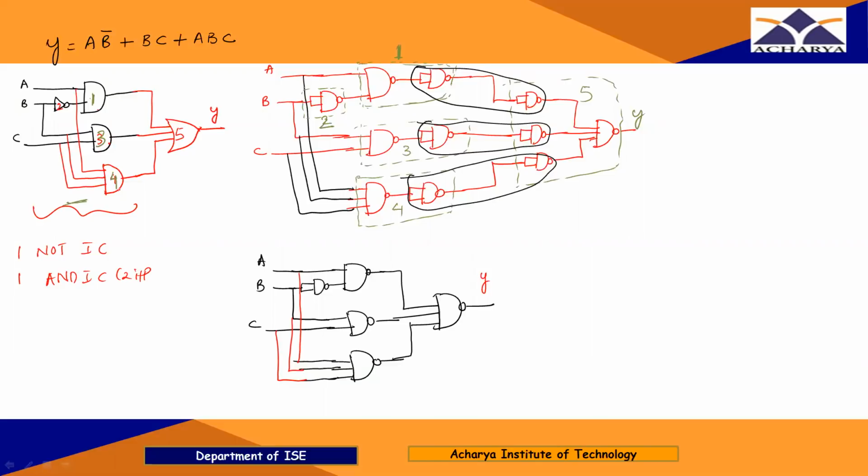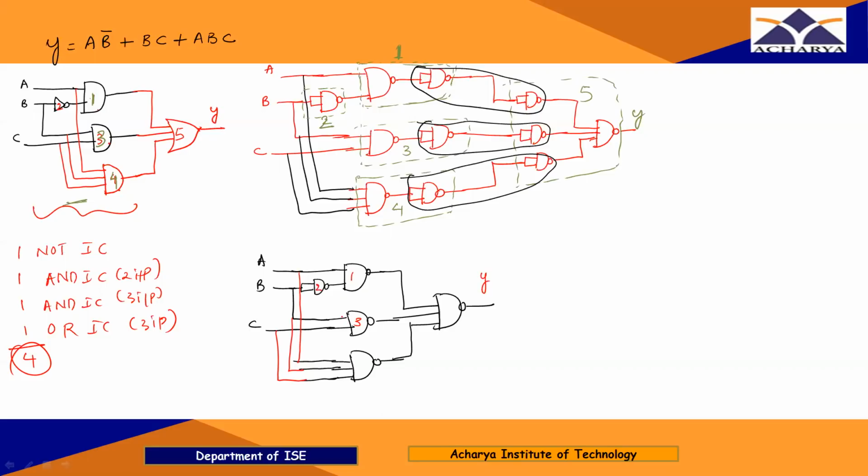But here I have one more gate which has three inputs, so I have to take one more AND gate IC which is of three input, and for this OR gate I have to take one IC which is of three input, right? So here to rig up this circuit I need four ICs. So if I implement the same thing using NAND gates, how many ICs are required? See here, for two inputs I have 1, 2 and 3.